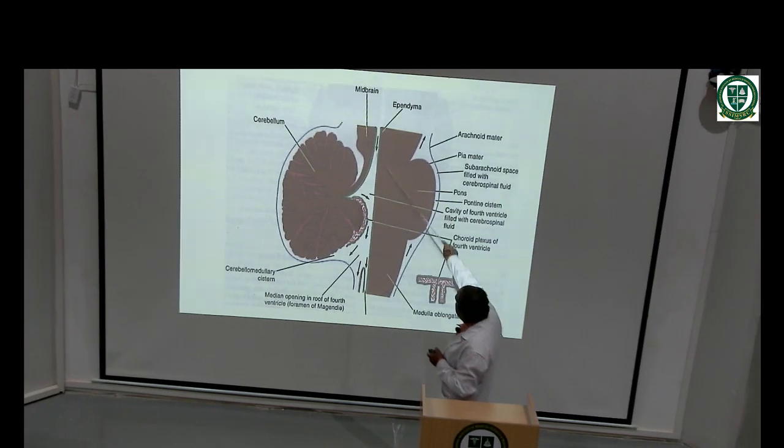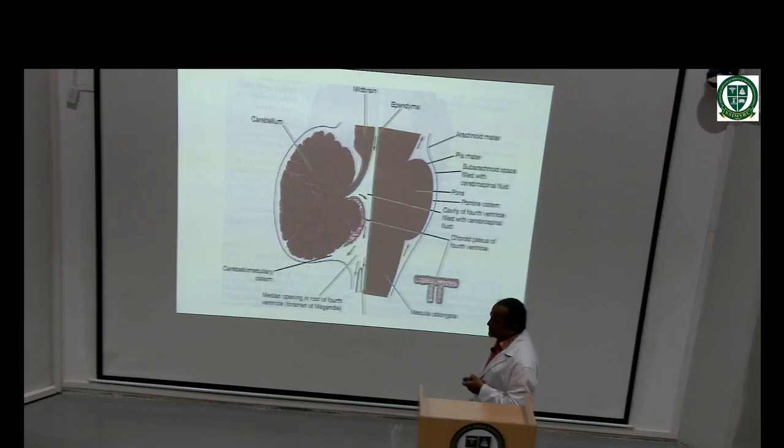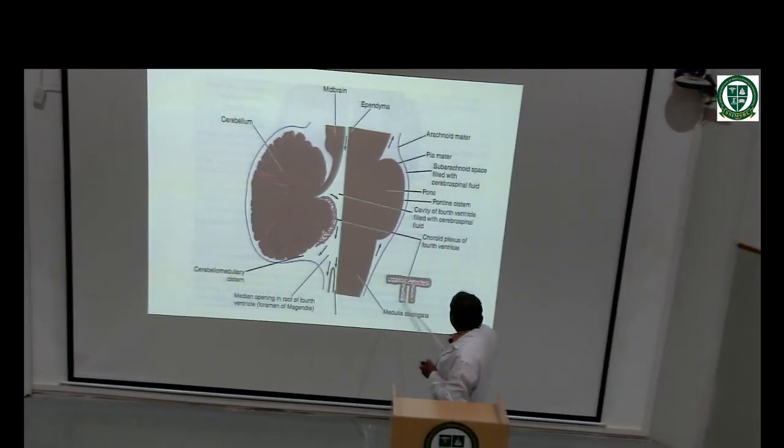Here you can see the ependyma, which is the one layer lining the inside. The outside is pia mater. The pia mater and ependymal lining form the inferior medullary velum. And in the inferior part you have the choroid plexus of the fourth ventricle. That is called the tela choroidea, which is T-shaped.